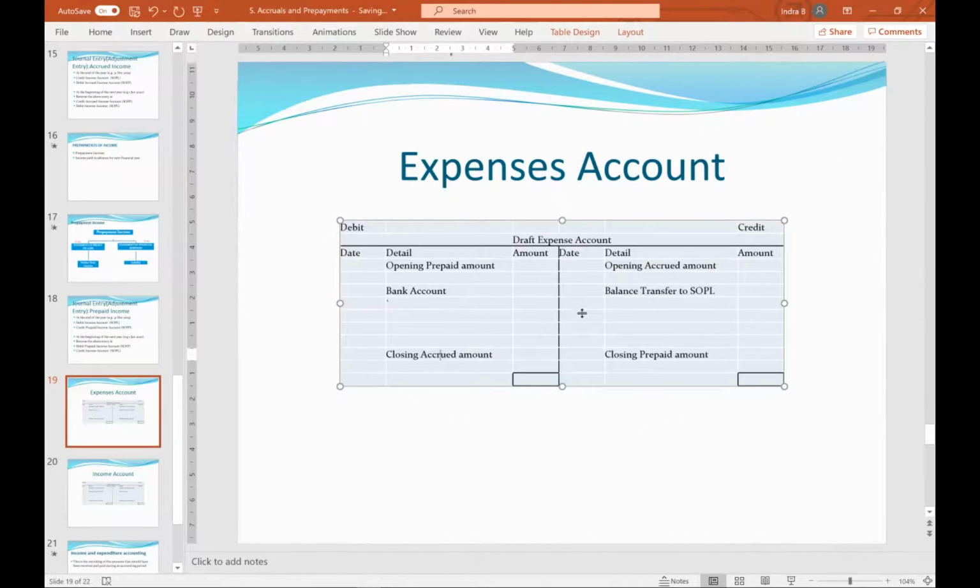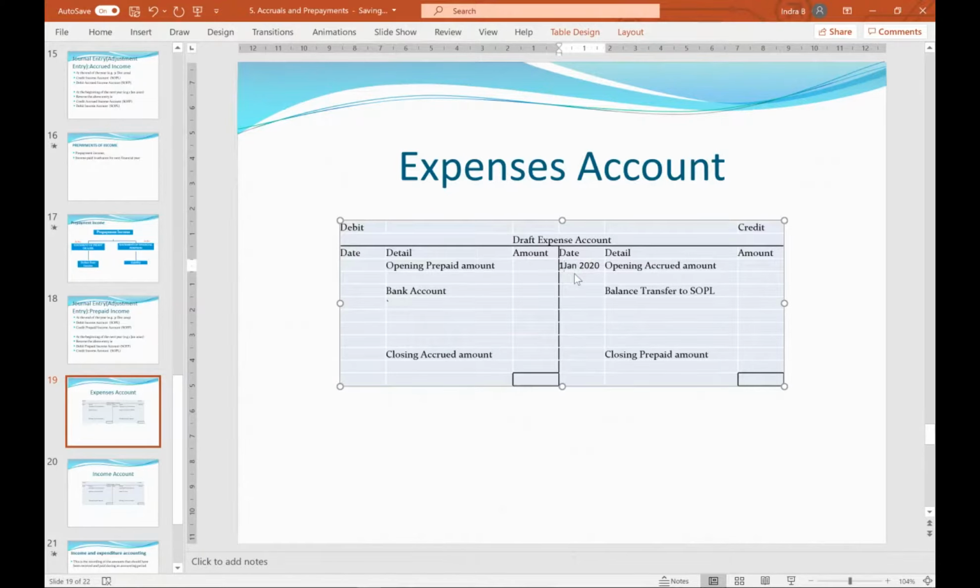So suppose we have an opening accrued amount, like from the previous year there was some accrual and then we reverse it in this year. I can put it as 1st January 2020, the new year.